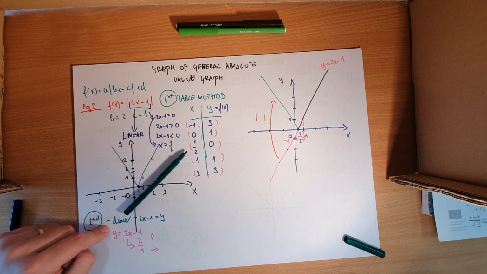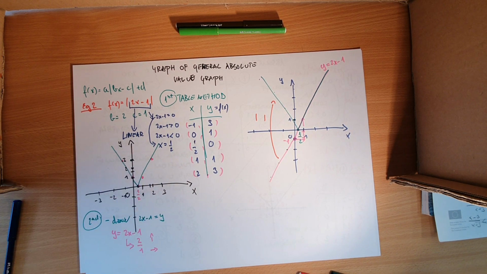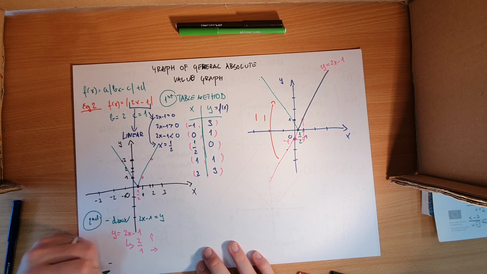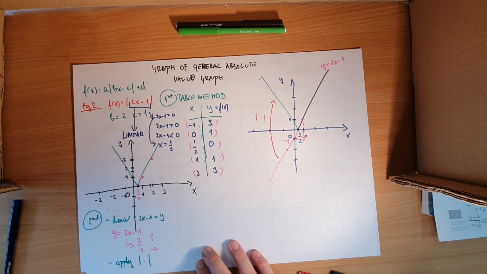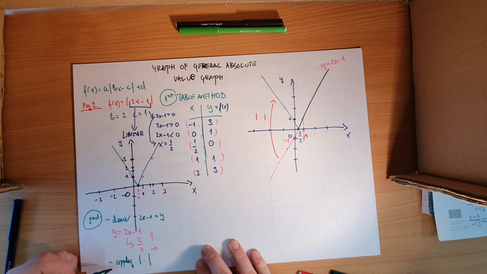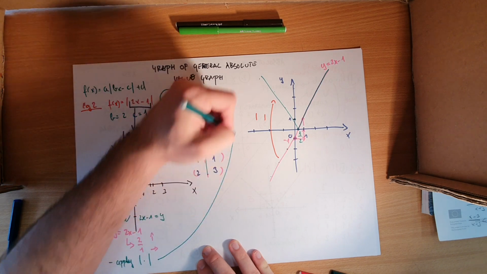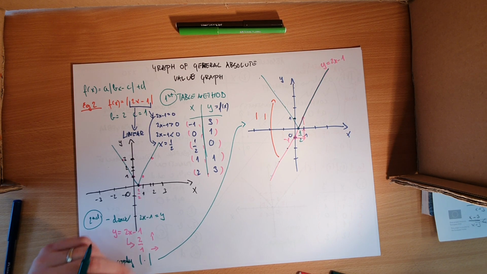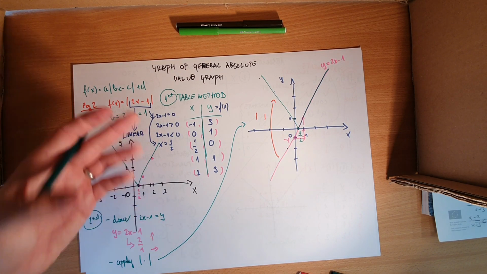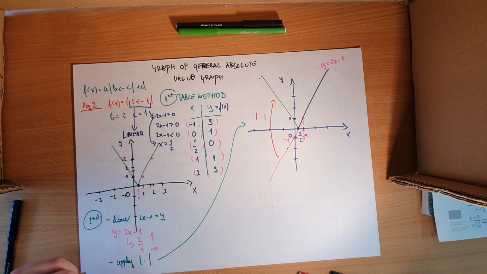So first draw y is equal to 2x minus 1, then apply absolute value. First we draw, then we apply absolute value. How do we apply it? We apply it like this. And this is the whole thing.